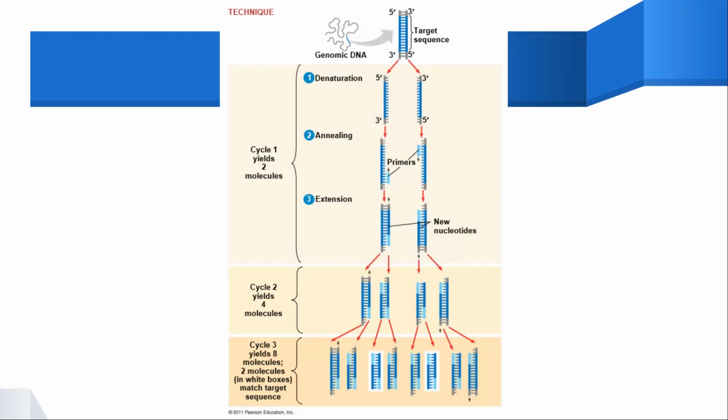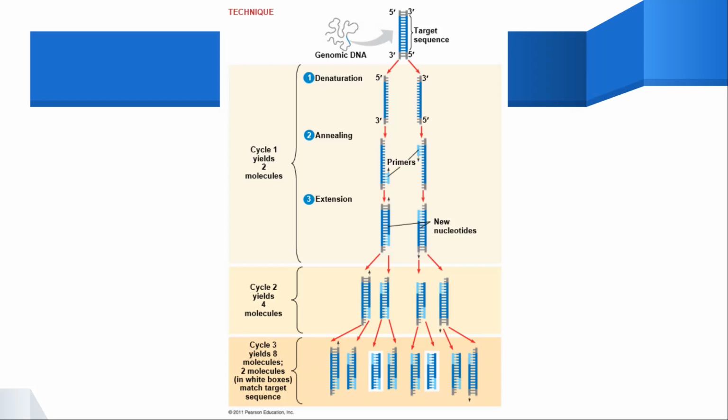You have to, in the machine, add primers because, as you know, DNA polymerase needs something to start with. So you would add a primer, which will bind on to that beginning section of the DNA. And then the Taq polymerase will build the new DNA molecule. So as it starts to cool, it will build the new DNA molecule, and it grows until it gets to the end of that DNA molecule.